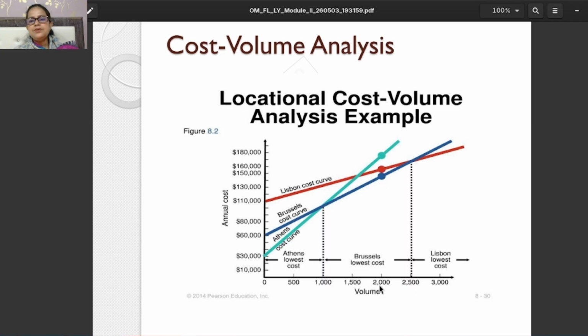It is always good to go for a little more units, so that we can have a clear graph and we can have the break-even points.